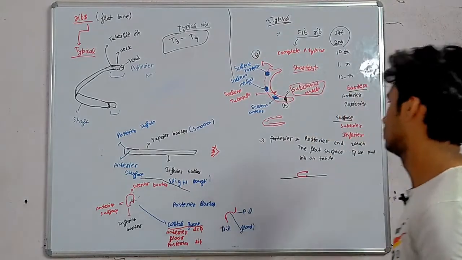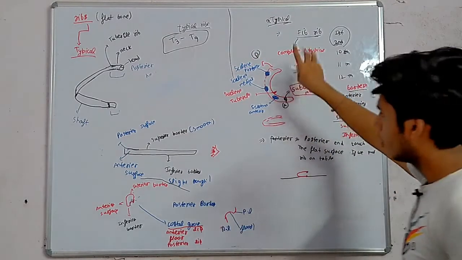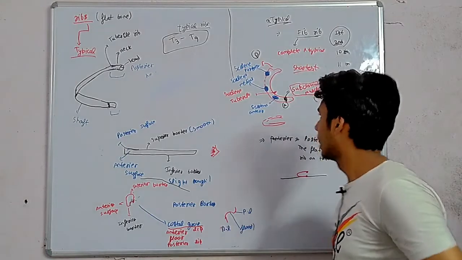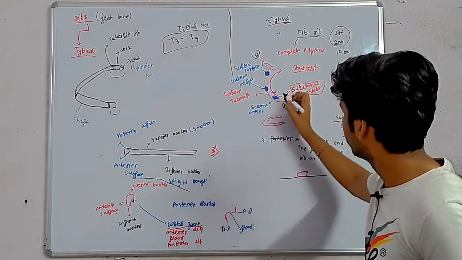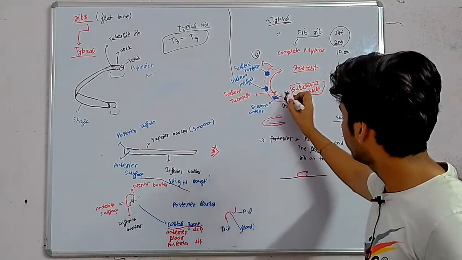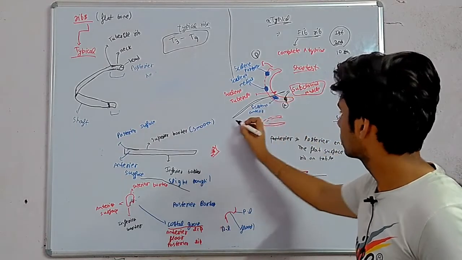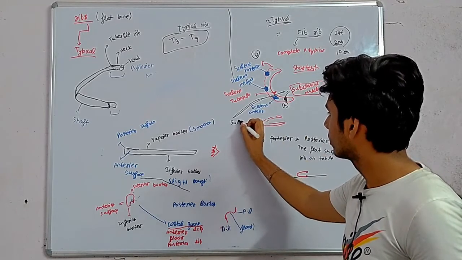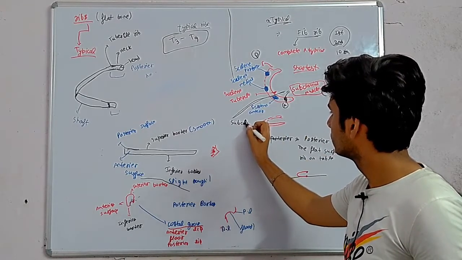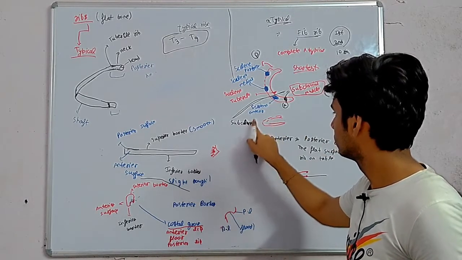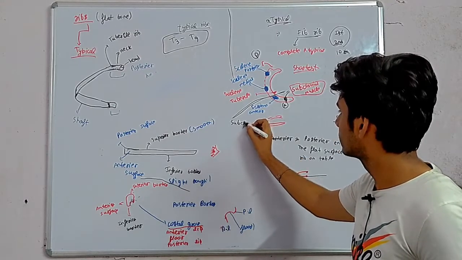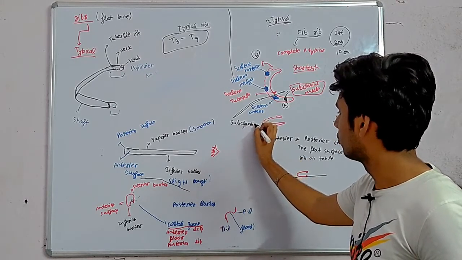Then the scalene tubercle forms two surfaces, anteriorly and posteriorly. Anteriorly a blood vessel is found, called the subclavian vein.